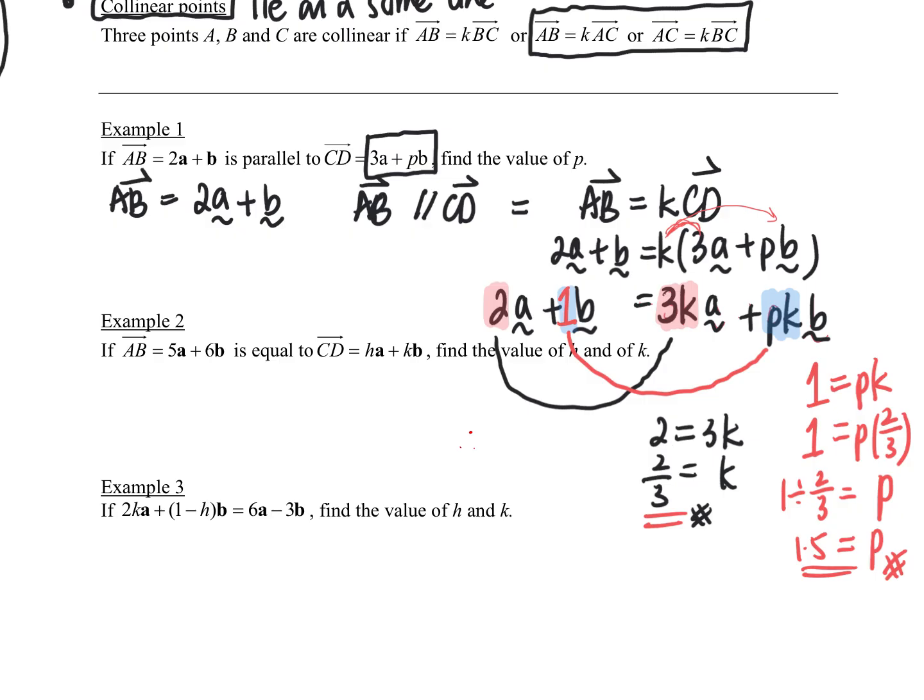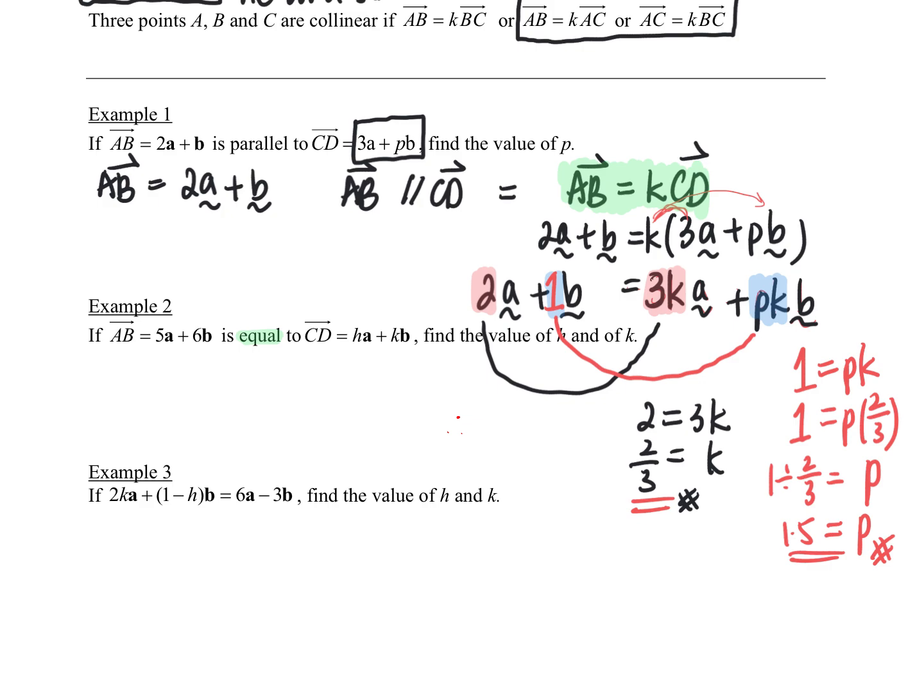Okay, so when they are parallel, you must write this. They are a ratio of each other. That means it is K times of the other vector, and then you just expand and compare. But when they say they are equal, that means they are not a ratio of each other.